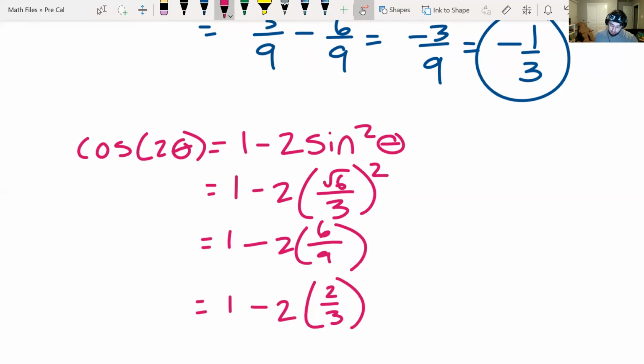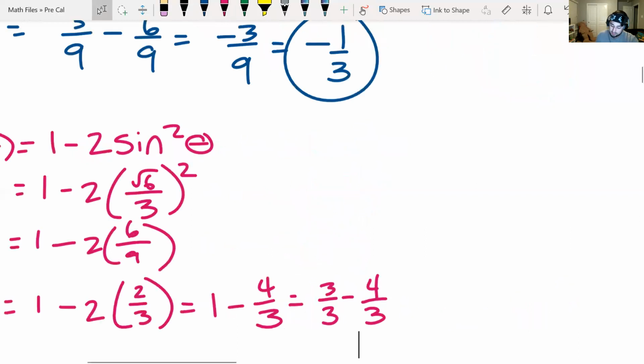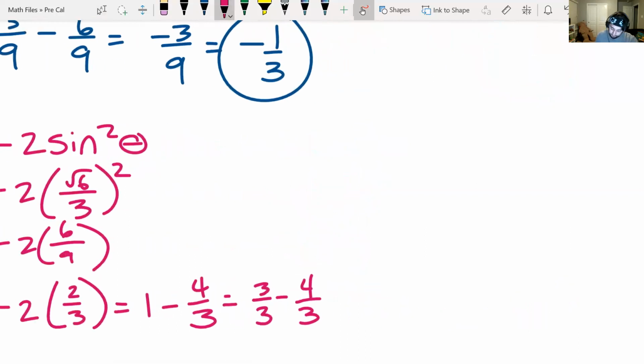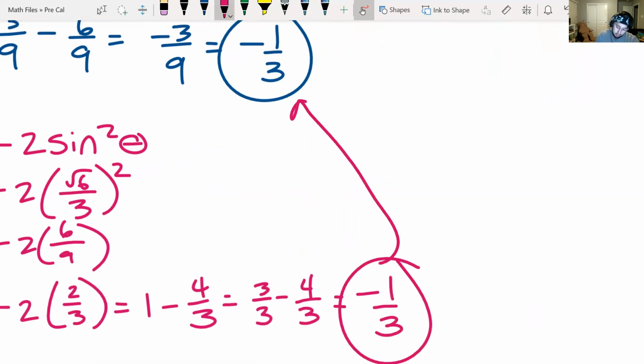Now, multiply that 2 in, and you get 1 minus 4/3. And 1 minus 4/3 becomes 3/3 minus 4/3, which is the same as negative 1/3. Same thing. No matter what formula you choose, you're going to get the same answer.